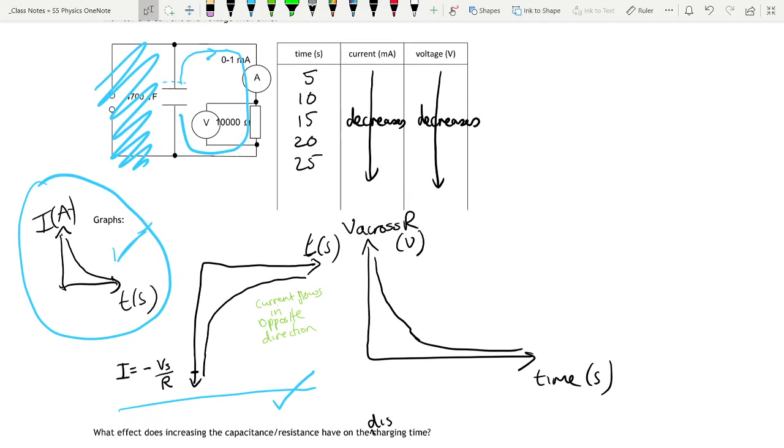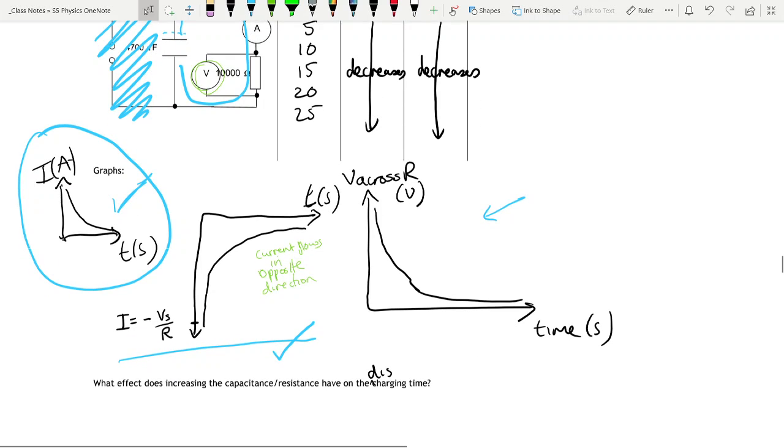And the voltage across the resistor, which is what we're measuring, which is this graph here, starts off at high voltage because the capacitor is supplying a high voltage because it's got a lot of charge across it. But as the capacitor releases its charge, the voltage across it decreases. So the voltage available to that resistor decreases.